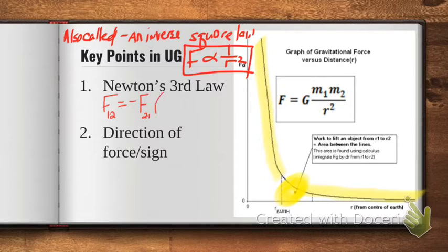So the force of the Earth on me is equal in magnitude and opposite in direction to the force of me on the Earth. And yet I fall towards the Earth. The Earth does not fall towards me. Why? Greater mass, right?